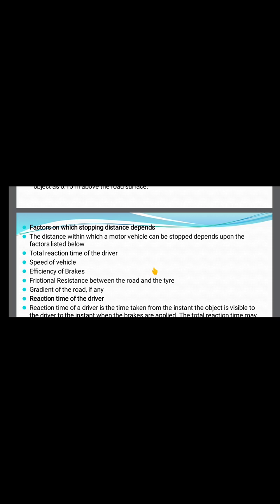But here, the distance within which a motor vehicle can be stopped depends upon the following factors. One is the total reaction time of the driver, the speed of the vehicle, the efficiency of the brakes, the frictional resistance between the road and the tire, and the gradient of the road.